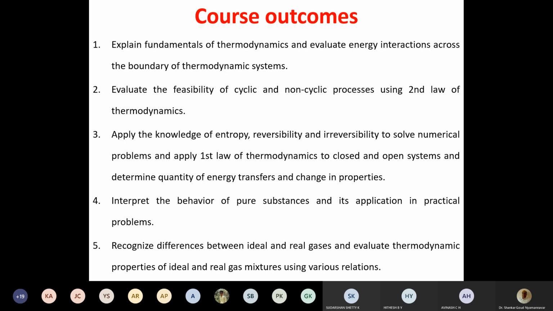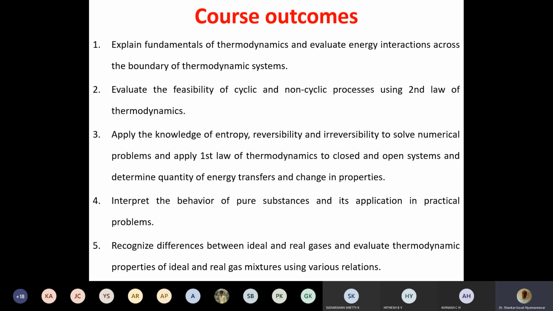I'll just run through these, read them, then I'll explain what they are. Evaluate the feasibility of cyclic and non-cyclic processes using the second law of thermodynamics. Apply the knowledge of entropy, reversibility and irreversibility to solve numerical problems, and apply the first law of thermodynamics to closed and open systems, and determine the quantity of energy transfer and changes in property.